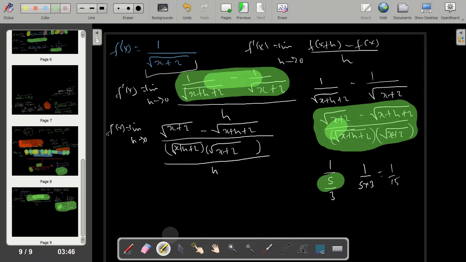So equally here, you're just going to bring this part and multiply it with the h.